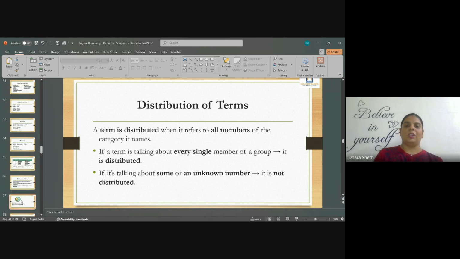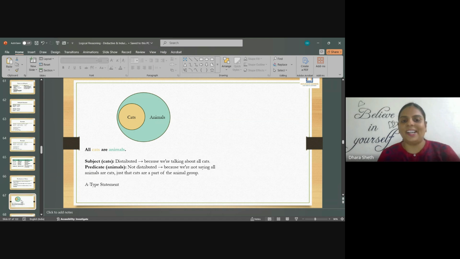Let's see how. So I have created Venn diagrams to make you understand these concepts. And it will also probably help you understand how you can draw Venn diagrams from statements. All cats are animals. Here the subject is cats, predicate is animals.